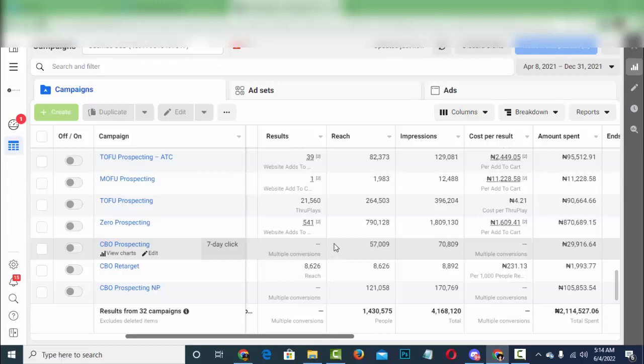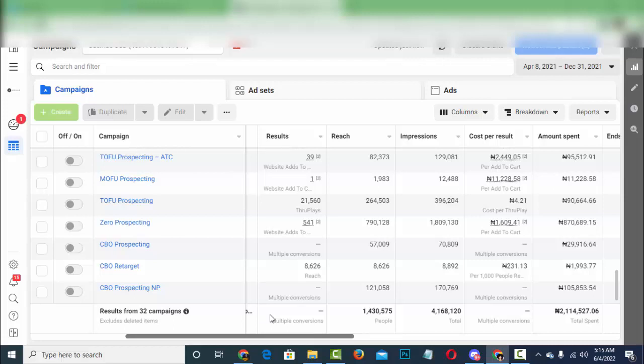So what it means is that if you have 100 people, or 100 leads, what you should be expecting is 5 sales. That's what it means. I don't know if what I just said makes sense.